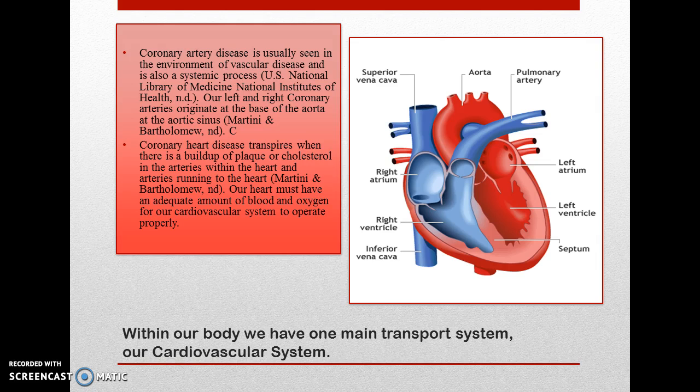Within our body, we have one main transport system, our cardiovascular system. Our left and right coronary arteries originate at the base of the aorta, at the aortic sinus. Coronary heart disease transpires when there's a buildup of plaque or cholesterol in the arteries within the heart and the arteries running to the heart.